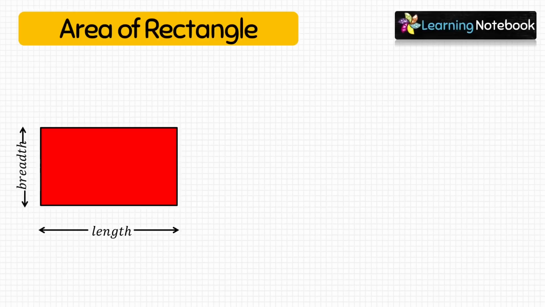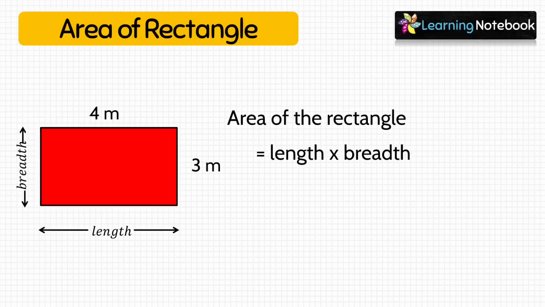Now, suppose we are given the length of a rectangle as 4 meters and its breadth as 3 meters. So, area of this rectangle equals length into breadth, where length is 4 and breadth is 3.